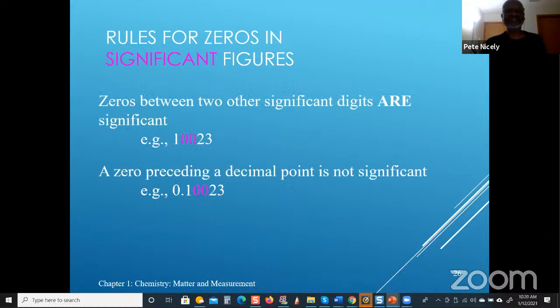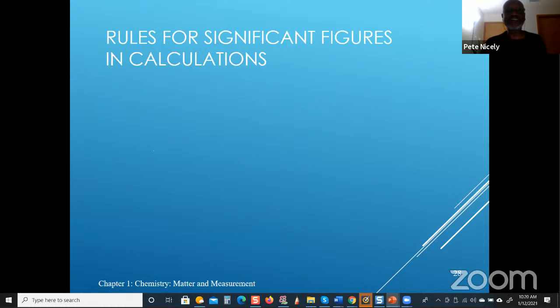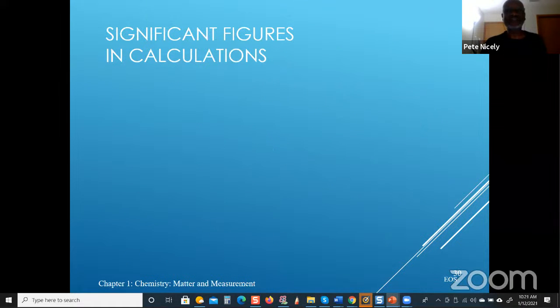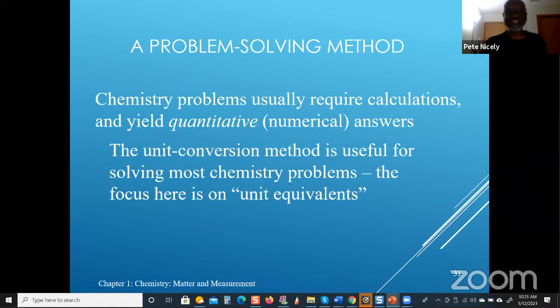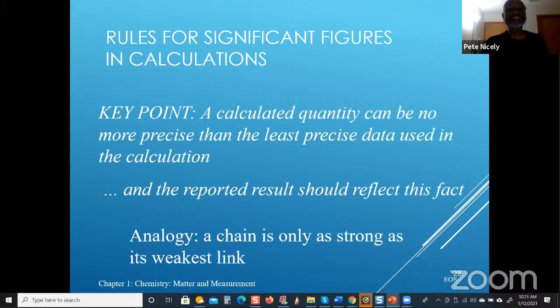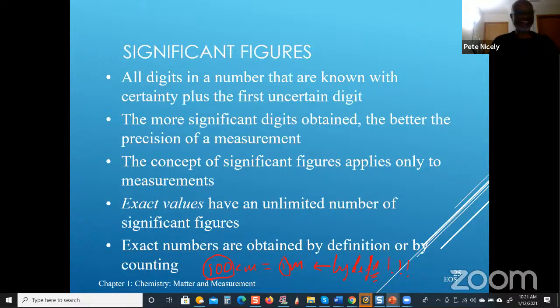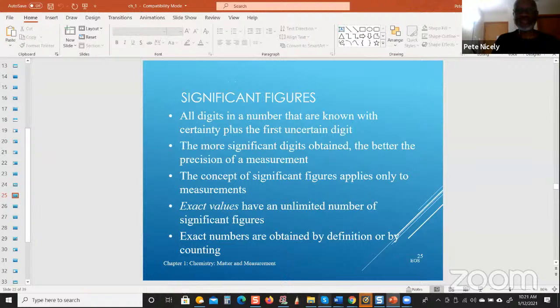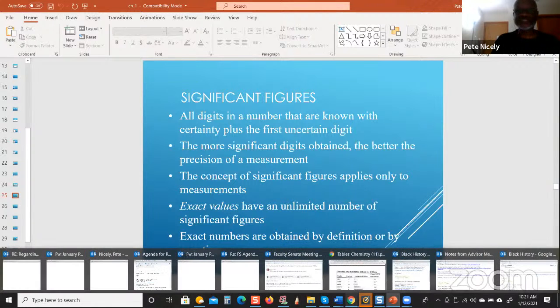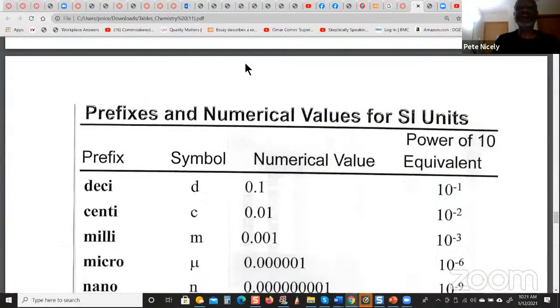Okay, oh shoot, I'm missing a diagram here. Let me just check something. I'm missing a diagram here, and it was very important. I'm sorry about this, folks. Let me escape this here. Okay, where is it? Let me go here.